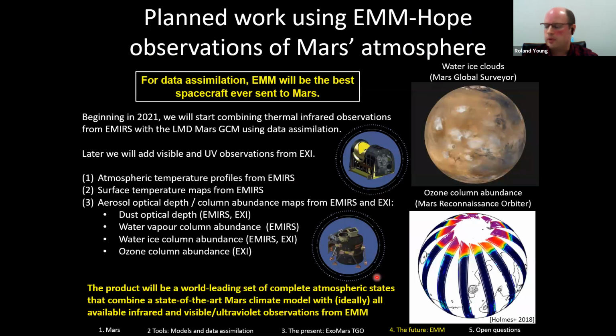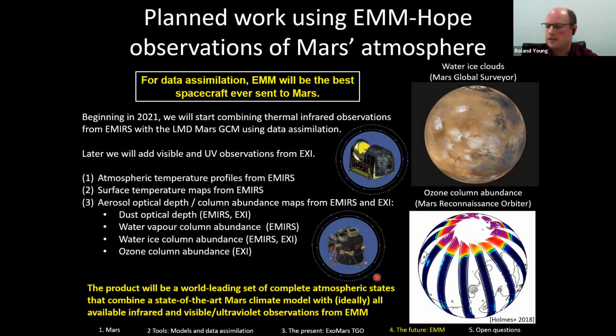And the idea is that we will assimilate as much of the data as we can into our numerical climate models. And we will start with thermal infrared observations, temperature profiles, surface temperature, and maps of aerosol abundances, first from the infrared instrument, and then later on from the visible imager. So in the end, we intend to assimilate those dust optical depths, water and ice column abundances, and ozone.